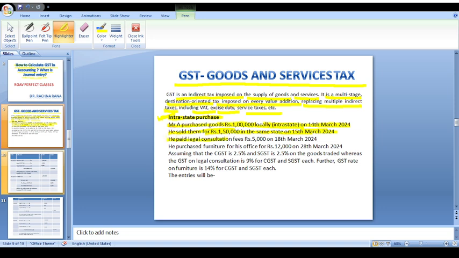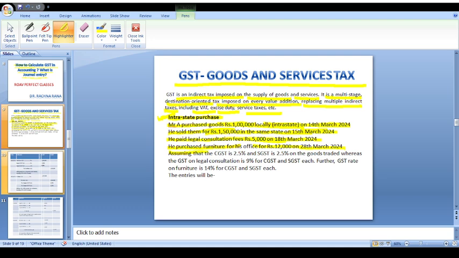He also paid legal consultation fees of rupees 5,000 on 18th March 2024. Now he purchased furniture for his office use for 12,000 on 28th March 2024.